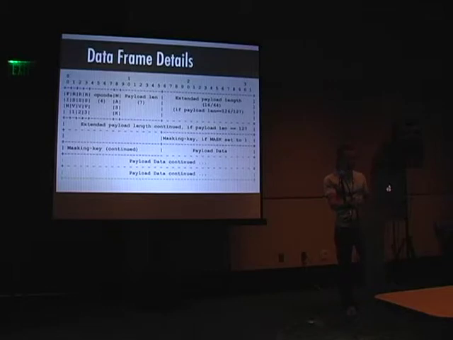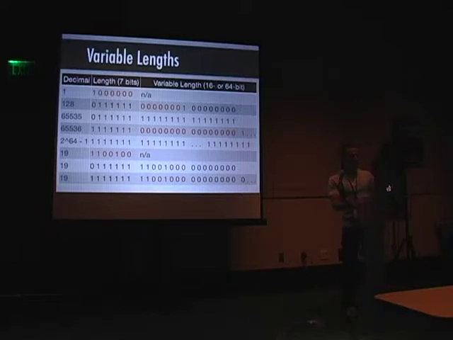And another interesting aspect of the data frame is that the length field itself is of variable length, which means you could specify the same length value in a couple of different ways, which gives you, as an attacker, or not as an attacker, but a person who wants to establish a covert channel, some entropy to play with.